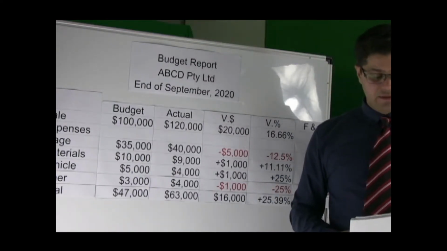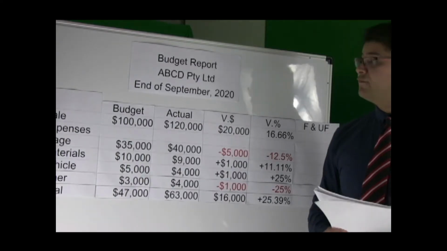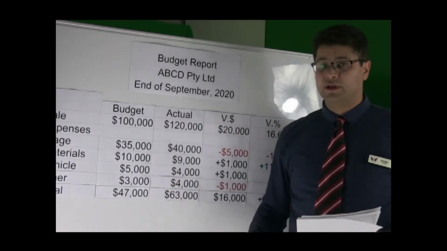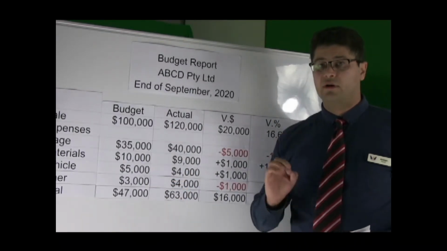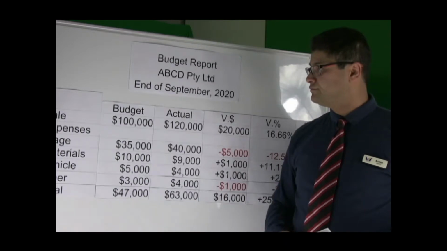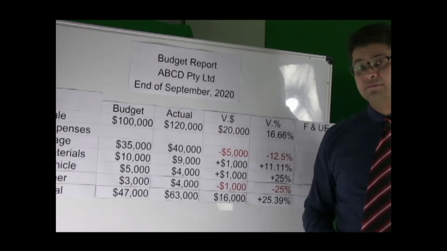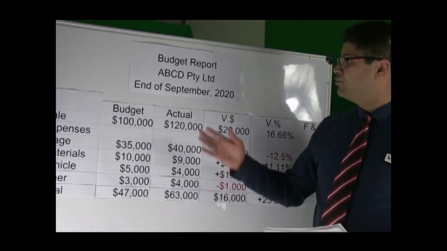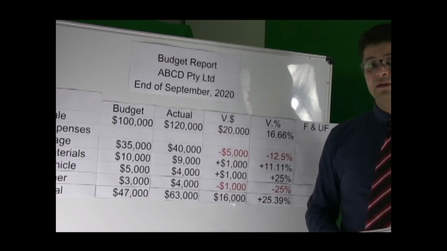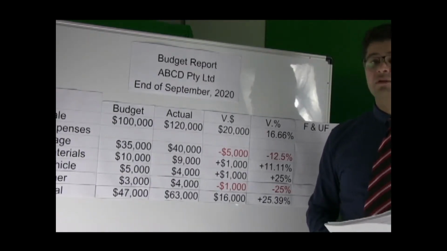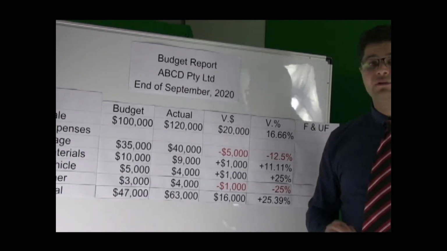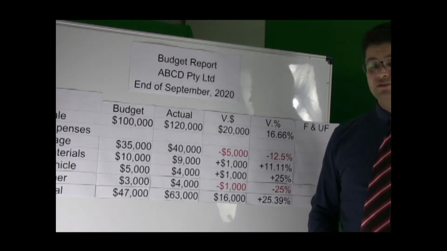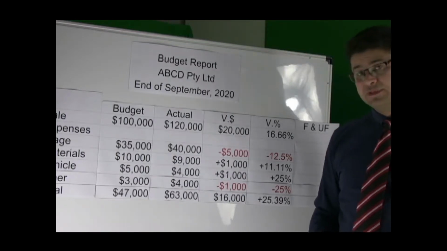Now, this is the forecast section, and that's the documentation that we put our budget in. By the end of September, you collected all your data and put it into these sections as actual. An actual is the real amount of money you made or paid as costs to run your business.